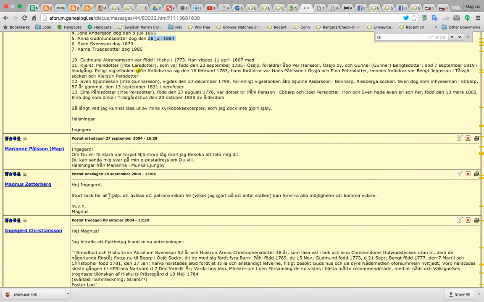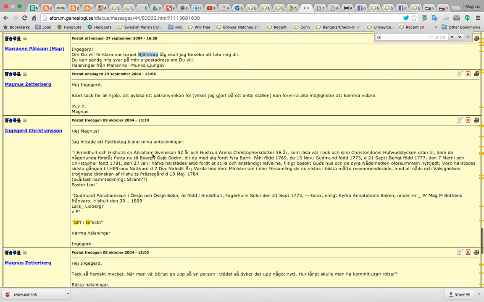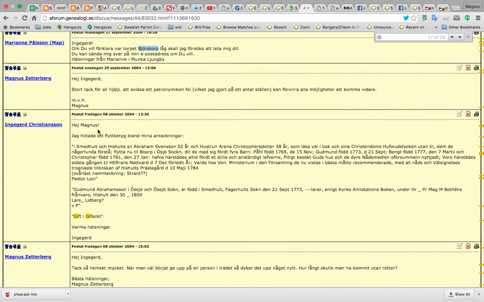And here they ask about location of Björnstorp. And here another one. So I found a moving out information. I Smedhöl Abraham Svensson, 52 years, and wife Arena Kristoffer, who can read in a book.